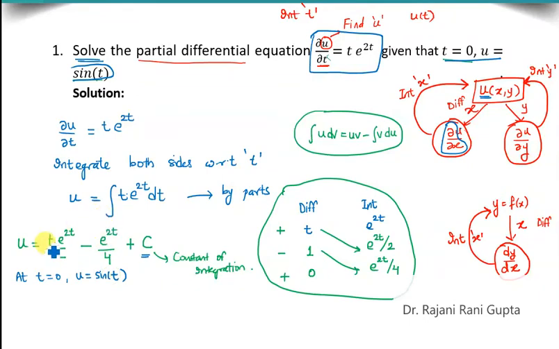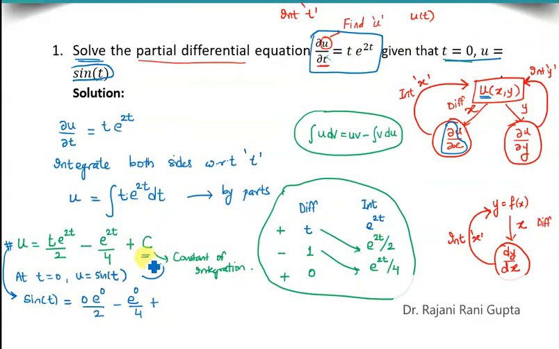So what are we going to do? Wherever we see t, we replace it by 0 and u by sine of t. So let's use this in this equation. In place of u, we write sine of t equals, in place of t we have 0, e power 0 over 2 minus e power 2 times 0, which is 0, over 4 plus c.